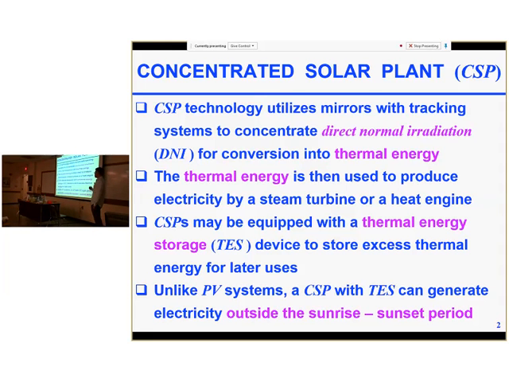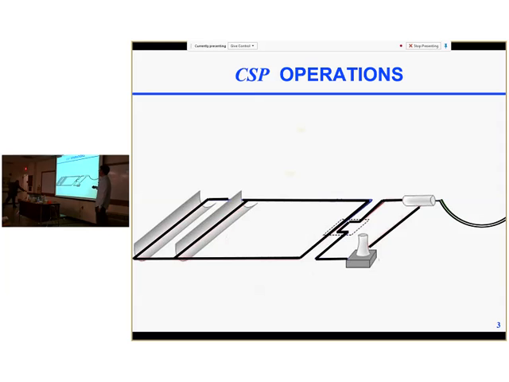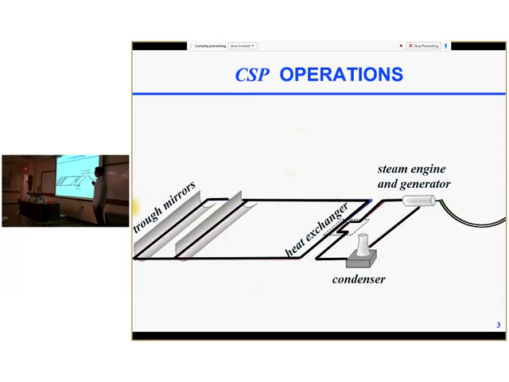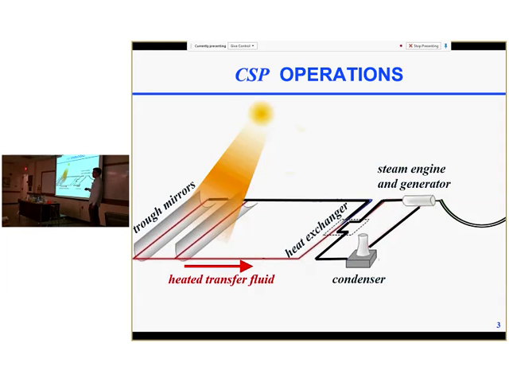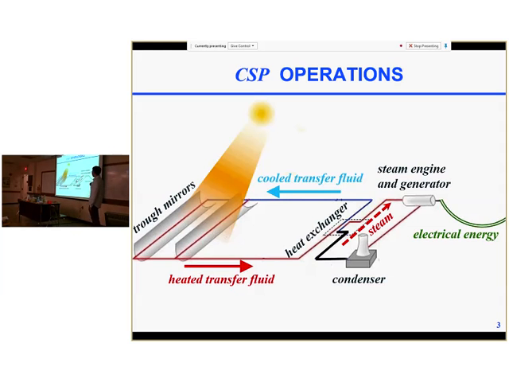Here I'm going to describe briefly how the CSP works. After the sunrise, the mirrors collect the solar energy to heat up the transfer fluid. The thermal energy contained in the transfer fluid will be used to generate the steam, which is delivered to the steam engine and the generator for electricity production.